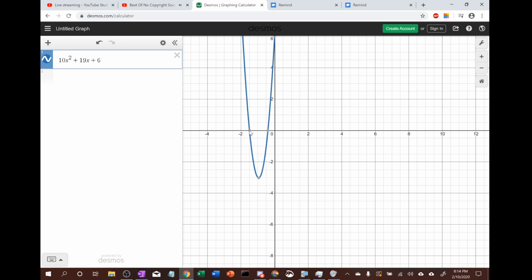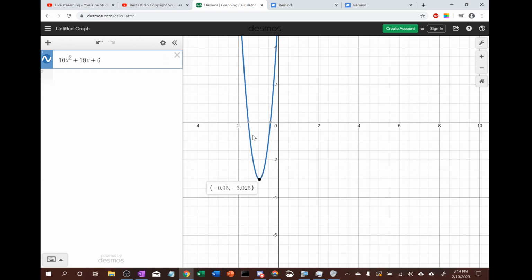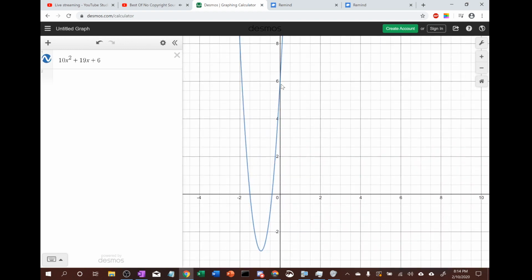Not 16. Oops, I zoomed in. I need to get the y-intercept in there as well: the y-intercept, 2 x-intercepts, and the vertex.